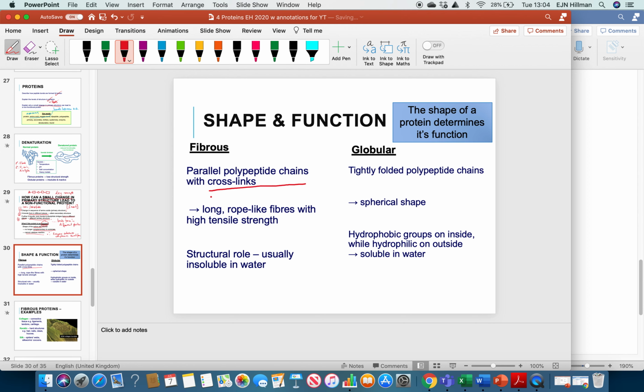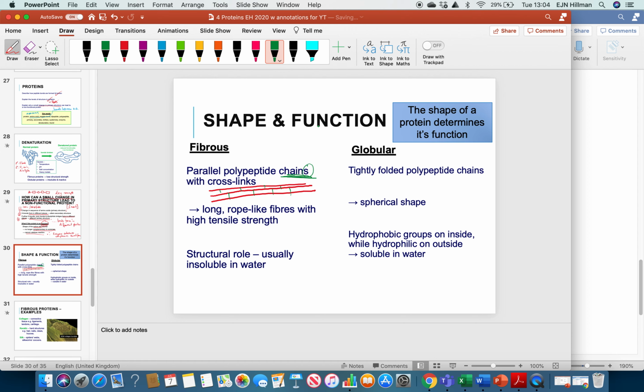Okay, so we may get parallel polypeptides forming, and then cross-links form between those parallel chains. Now those could be hydrogen bonds, ionic bonds, disulfide bridges between these parallel polypeptide chains.